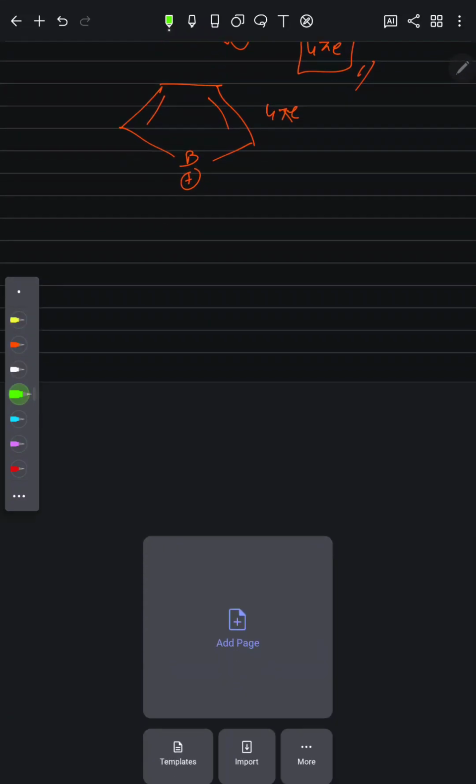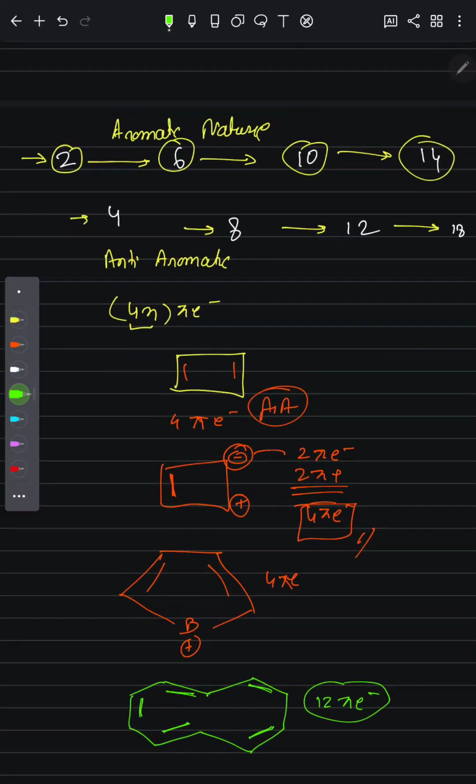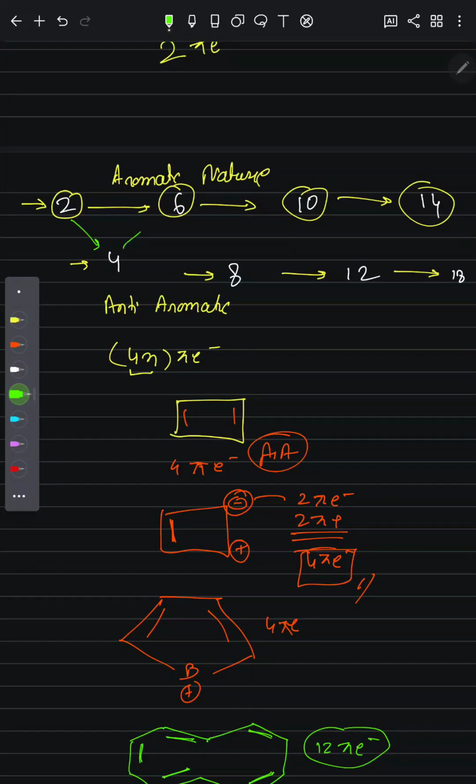Some examples are miscellaneous. If this type of ring is present, and we put pi bonds in the molecule, it has 12 pi electrons. According to the rule, 2, 4, 6, 8, 10, 12, 14, 18, this is the table of 2.